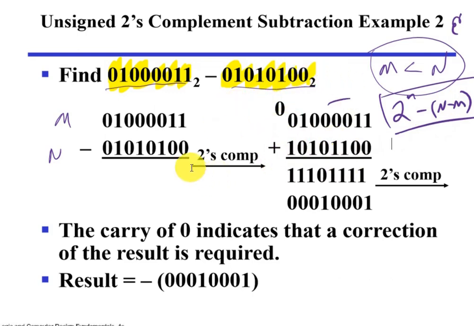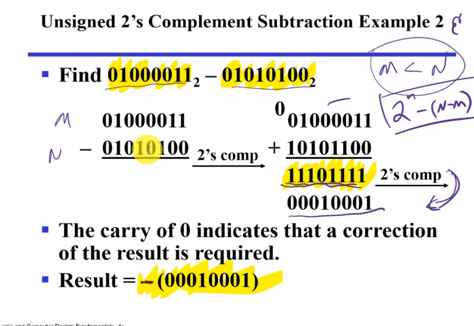This is the result of the summation. The correction is done by taking the 2's complement of the sum and then placing a minus sign in front. So the result will be equal to the following.